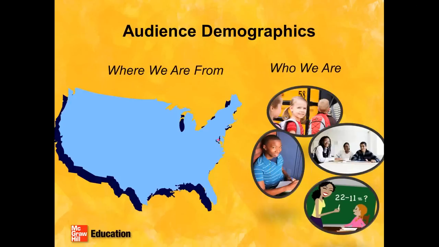And what I'm going to do now is open up a poll, just to find out from our audience where you are and what grade levels you cover. I'm going to ask you to identify where you're from, whether it's the Northeast Mid-Atlantic, the Southeast South, the Midwest Central, the West Mountain, or someplace else.